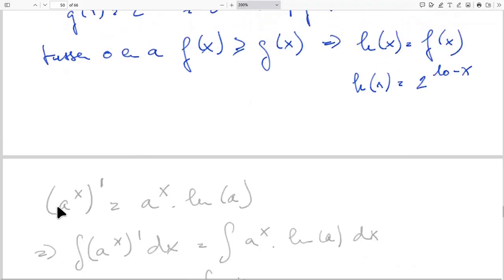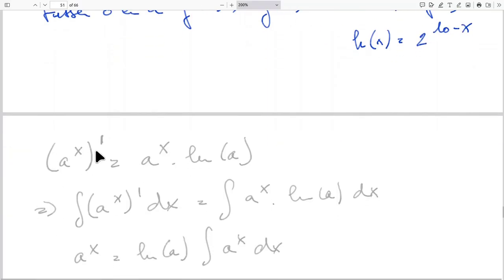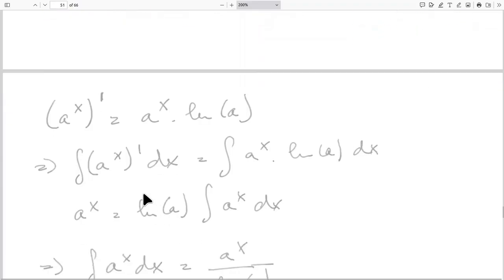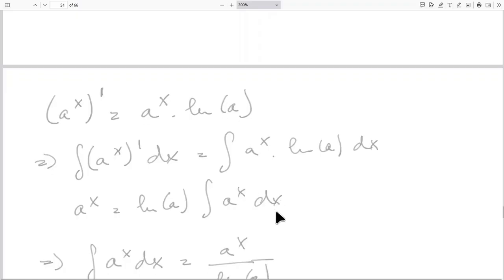integrating, well, if we have a to the power of x and we take the derivative, that will give you a to the power of x times ln a. Now if we integrate both sides with respect to x, the derivative and the integration cancel out, so we get a to the power of x, and the integral of a to the power of x times ln a dx is ln a times the integral of a to the power of x dx.